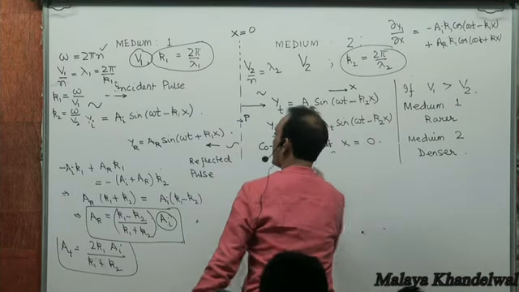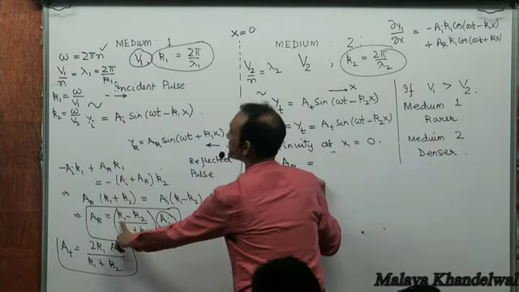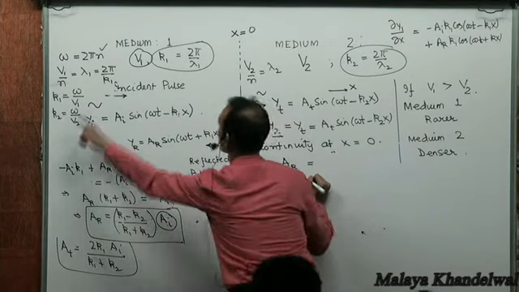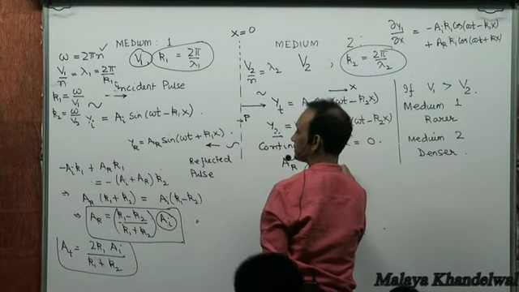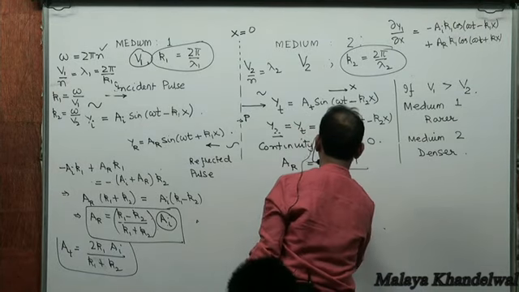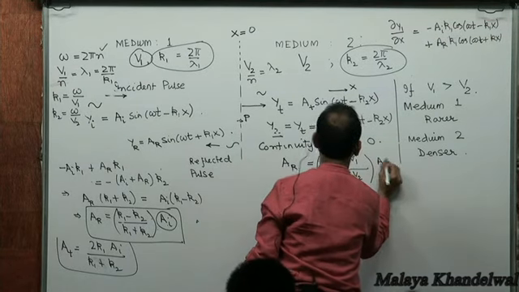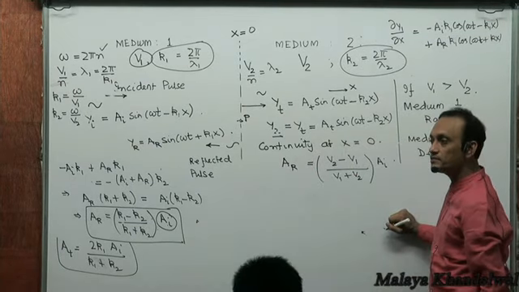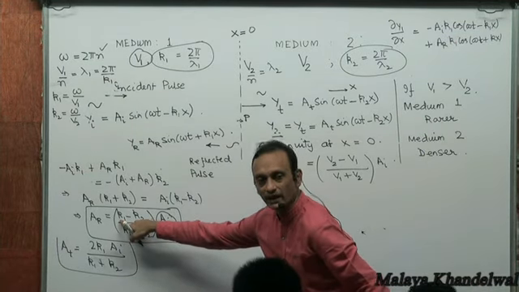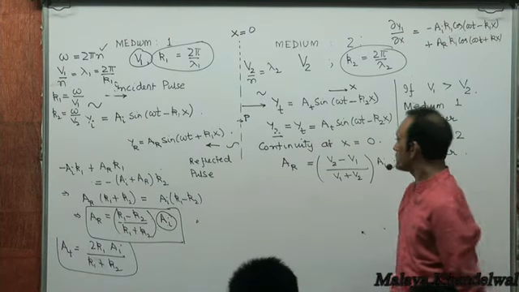So that gives me the amplitude of the reflected pulse. Writing k1 as omega by v1 and k2 as omega by v2, I end up getting (v2 minus v1) by (v1 plus v2) into the amplitude of the incident pulse, in terms of the velocities in the two media, right?